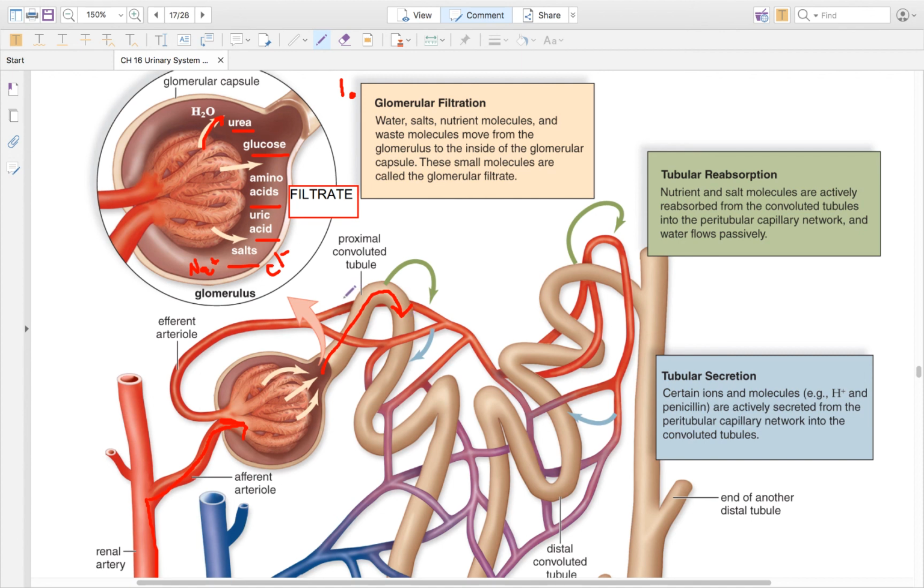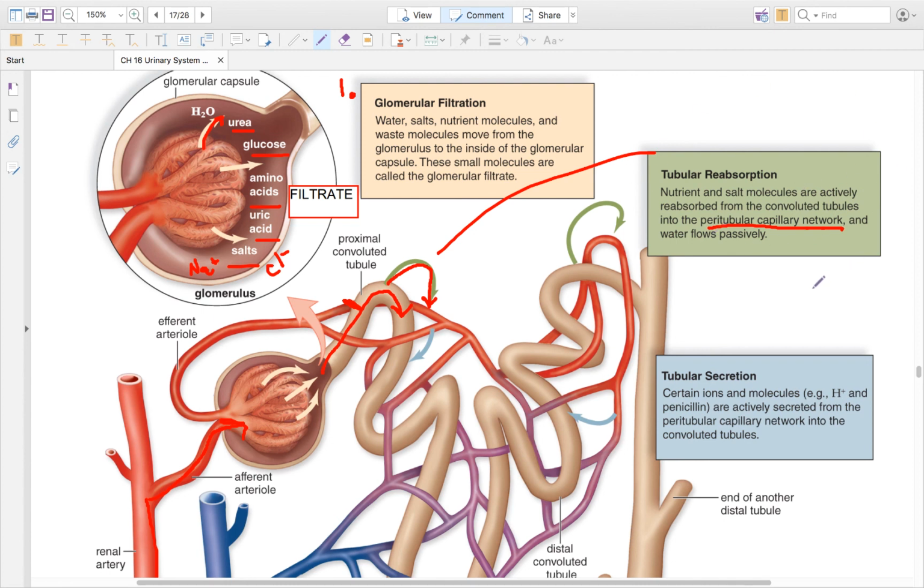This blood vessel is right there, and they're very, very close. This is called the peritubular capillary network, and therefore the proximal convoluted tubule can return. See this arrow pointing to the blood? Make this connection. It's green because it's in reference to this.